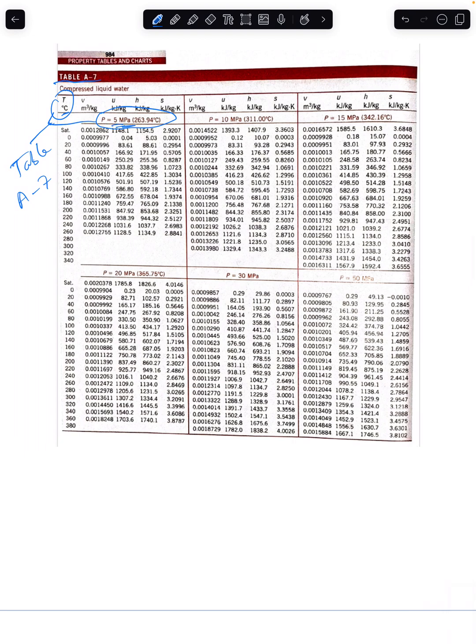This U is the internal energy we are looking for.